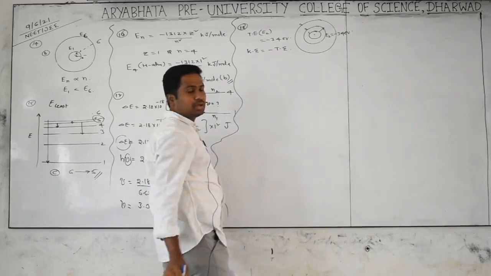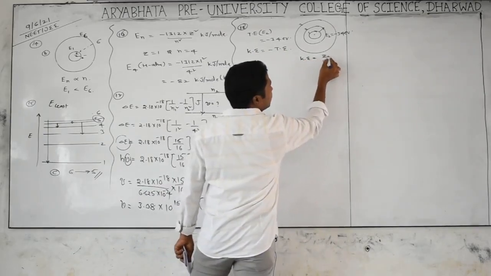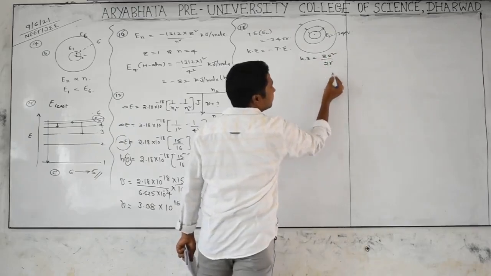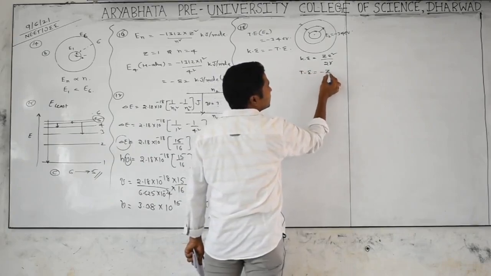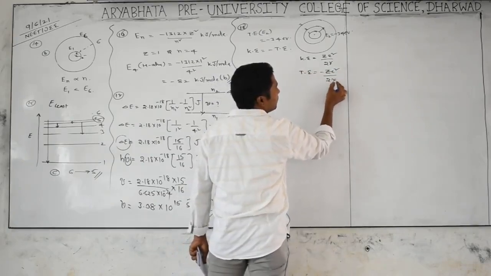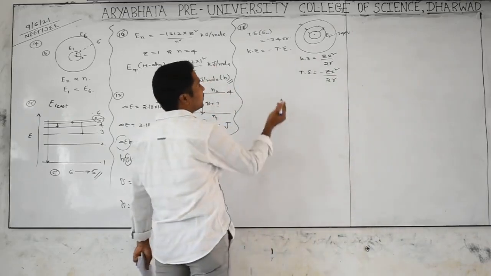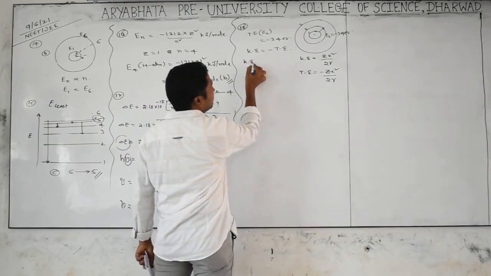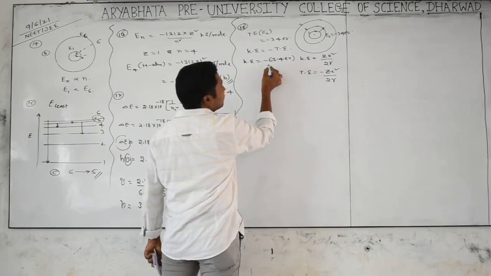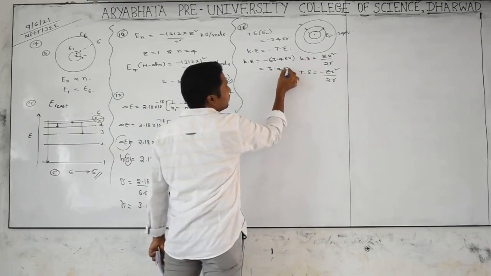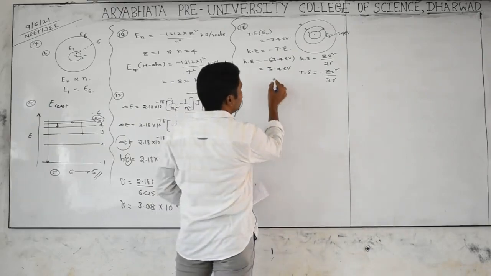Kinetic energy is equal to ZE square by 2R, and when we take total energy, we are getting minus ZE square by 2R. What is the relation between them? Kinetic energy is equal to minus of total energy. Already we saw this in synopsis classes. Then kinetic energy is equal to minus of minus 3.4 electron volts, which becomes 3.4 electron volts. Which option is correct? You check it carefully. It is nothing but option A.